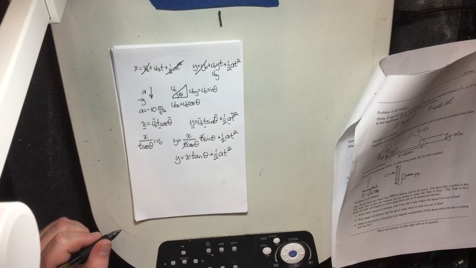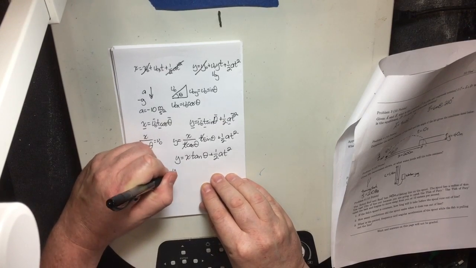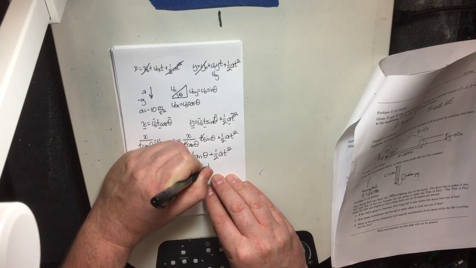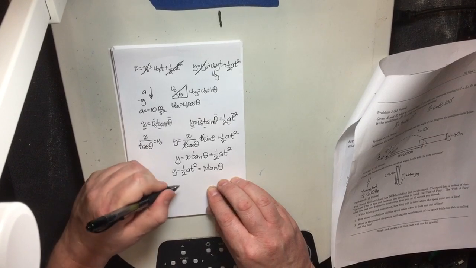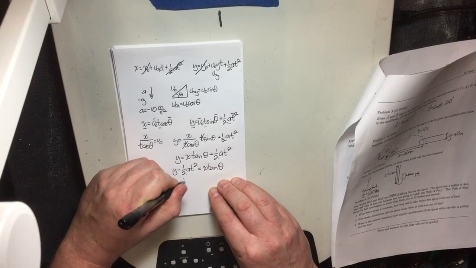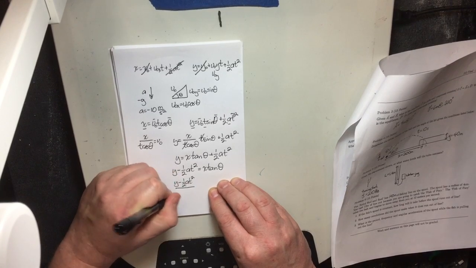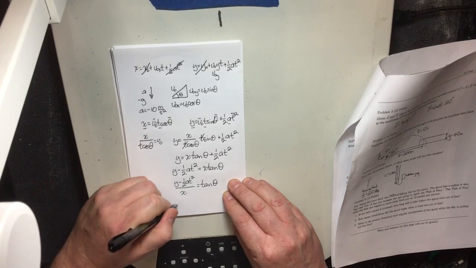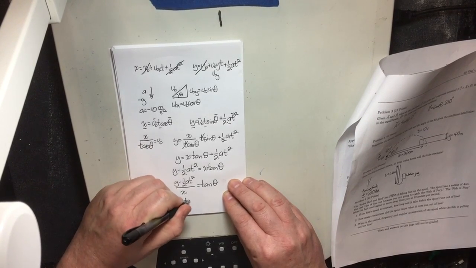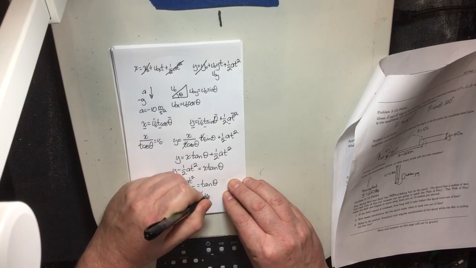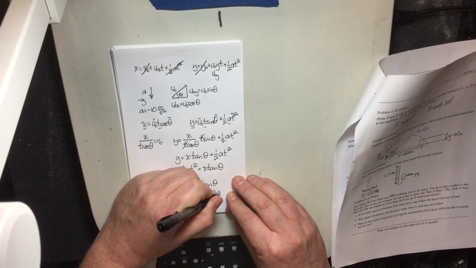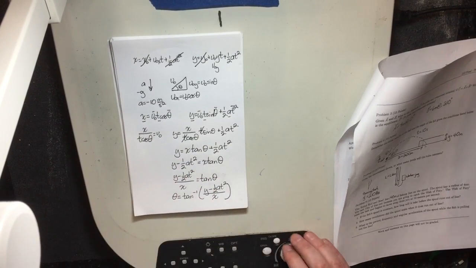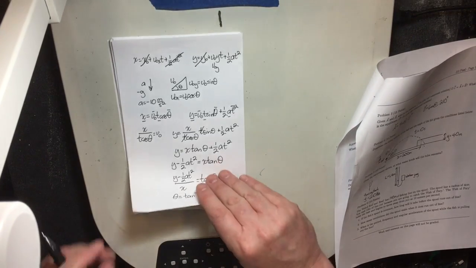Everything is a known quantity except theta. Solve for theta: y minus 1/2 a t squared is equal to x tan theta, so y minus 1/2 a t squared over x is equal to tan theta. Theta is the inverse tan of y minus 1/2 a t squared over x. And there we go, that's the equation.